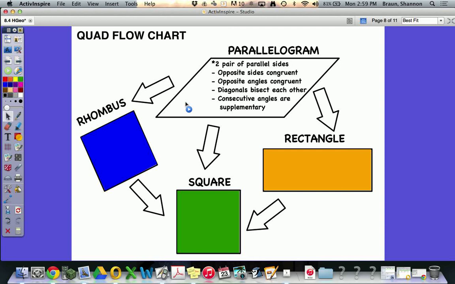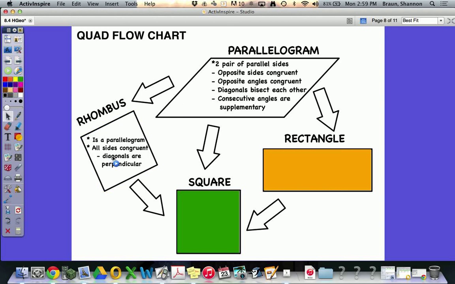So the definition of a parallelogram is two pairs of parallel sides, and then the properties that hold true for anything that is a parallelogram is opposite sides are congruent, opposite angles are congruent, the diagonals bisect each other, and consecutive angles are supplementary. And so all of these properties flow down to the other quadrilaterals that are also parallelograms.